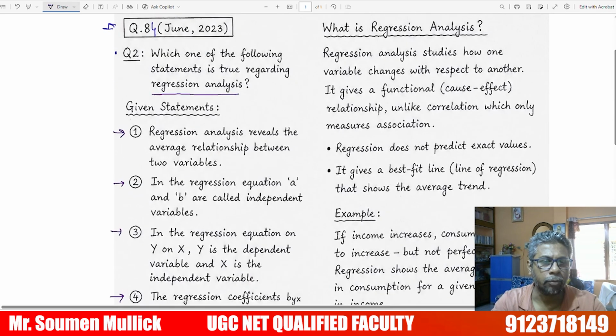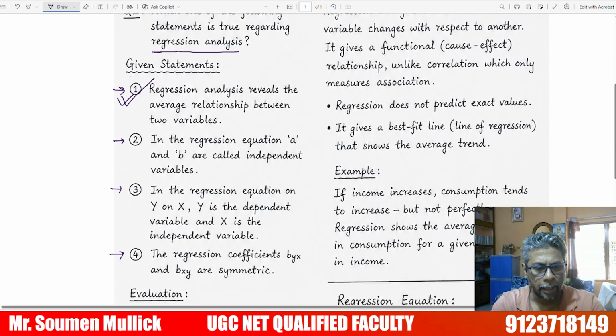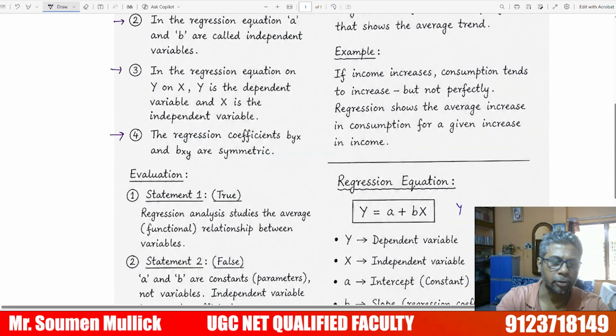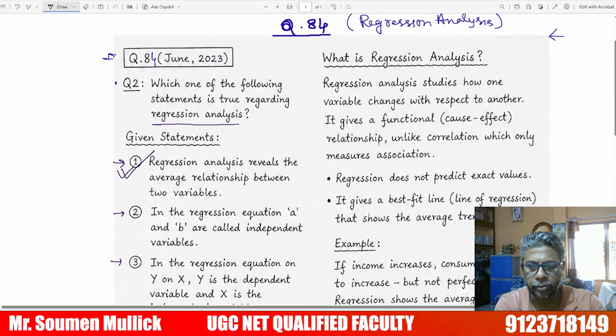Statement 1, regression analysis reveals the average relationship between two variables. This is right. Why? First of all, we have to understand what regression analysis is.